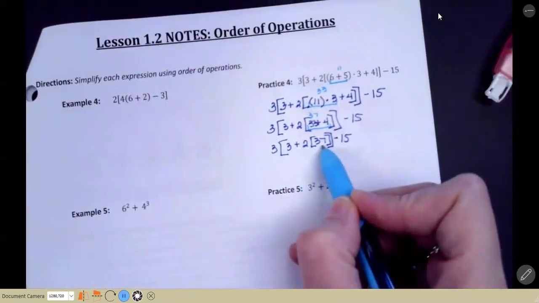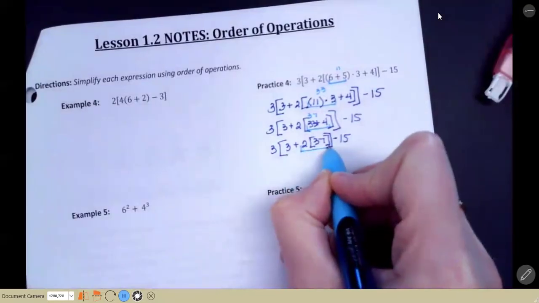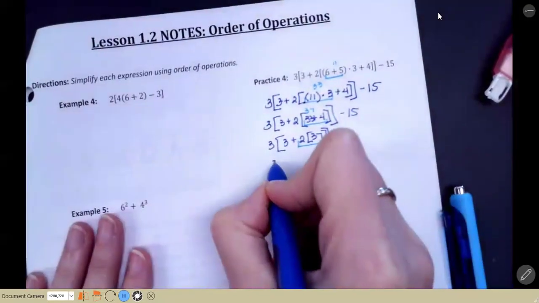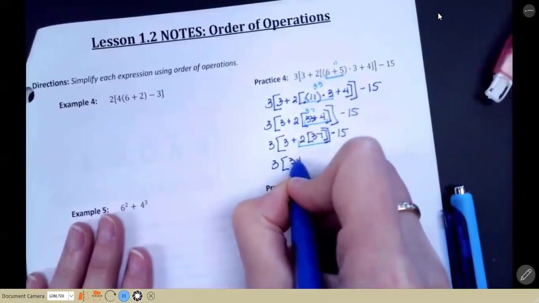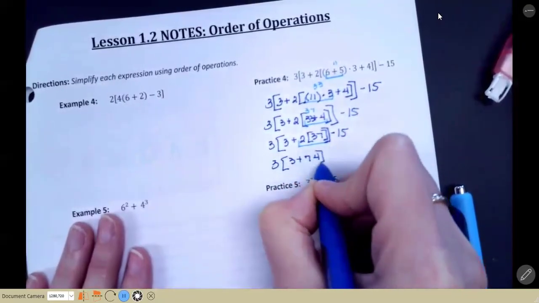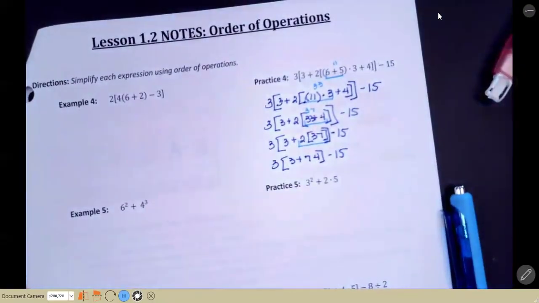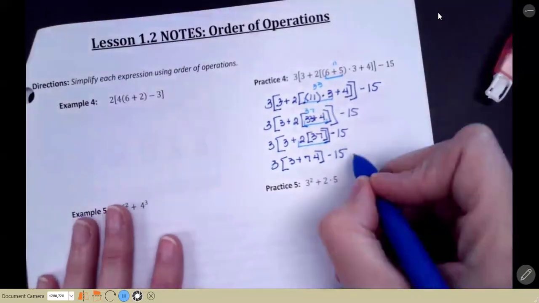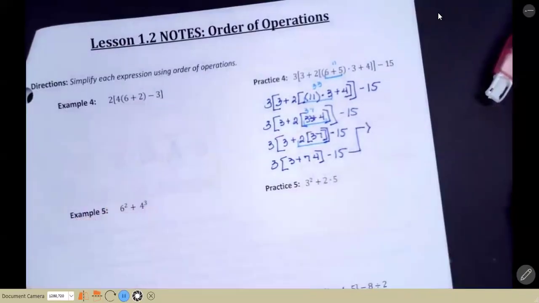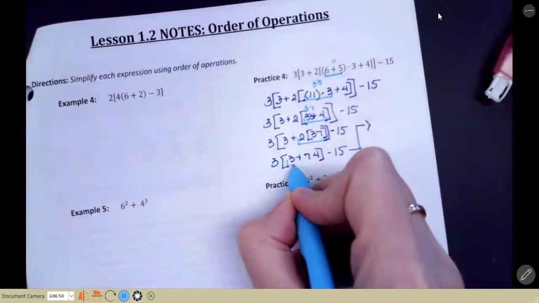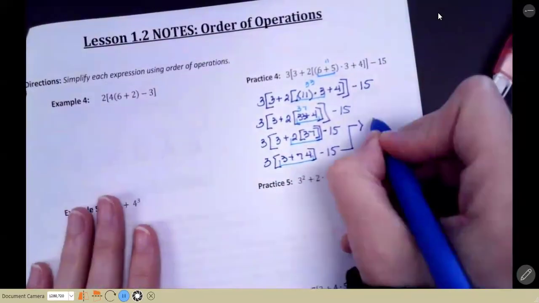Now, again, working inside a grouping symbol, we have addition and multiplication, and multiplication comes first. This is long. I'm running out of space. Whenever I run out of space, I do this little arrow thing and bring it up here so I have more room. Again, we're going to finally get rid of our groupings. 3 plus 74.